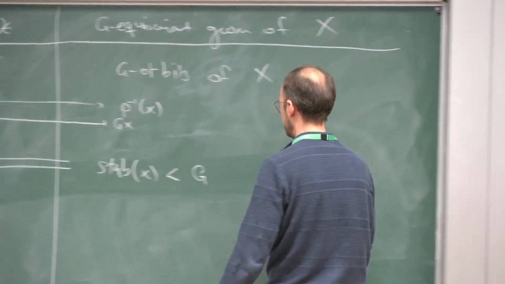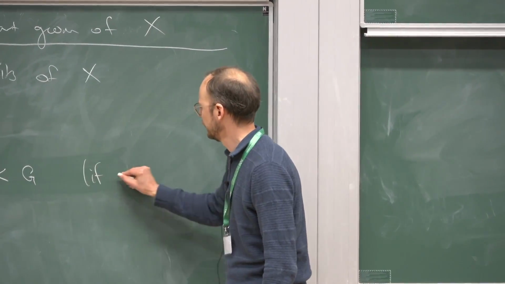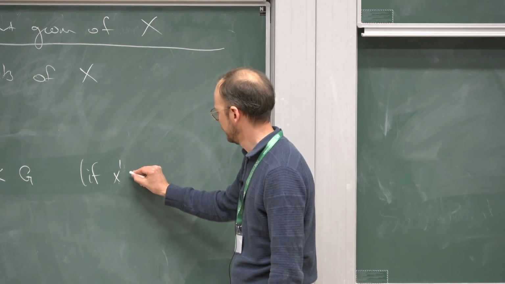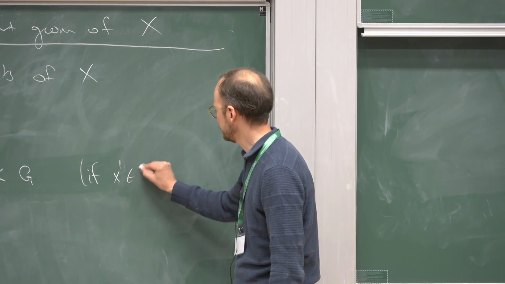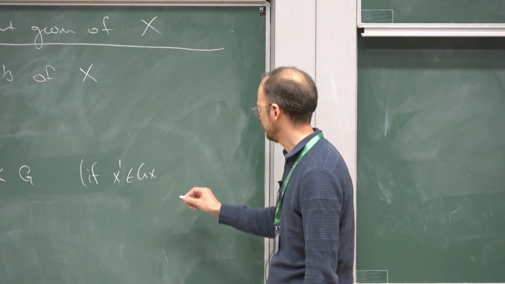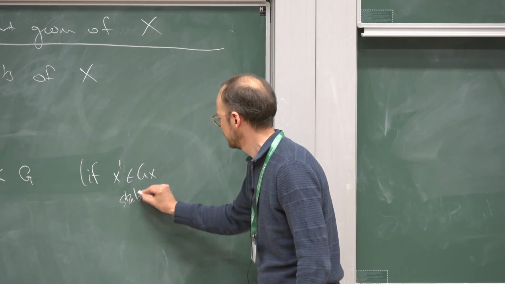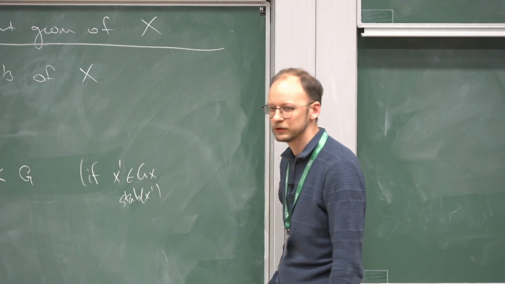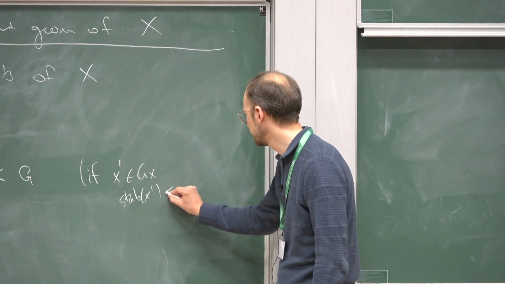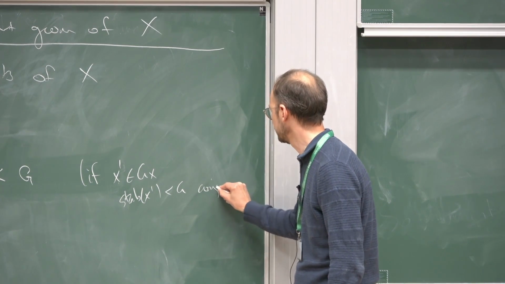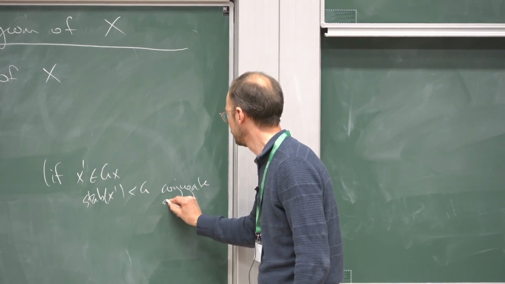You can see it from this side: if I would take another point in the same G orbit, then this is only a conjugate subgroup.